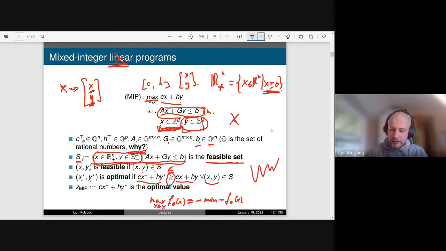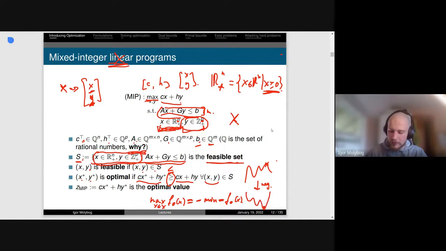Let me redraw it. And this is its maximum, right? And what I'm doing is I'm negating it. So if I'm negating it, I'm getting something like this, right? Where this is the minimum.